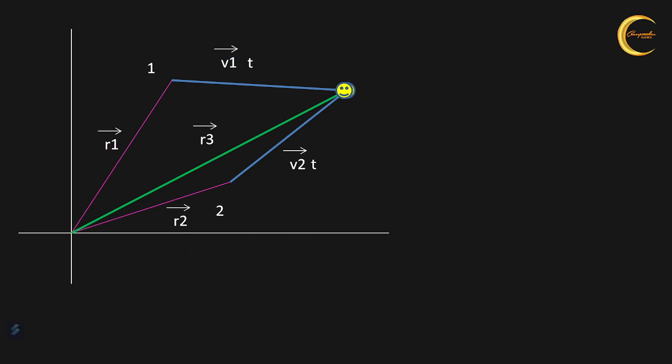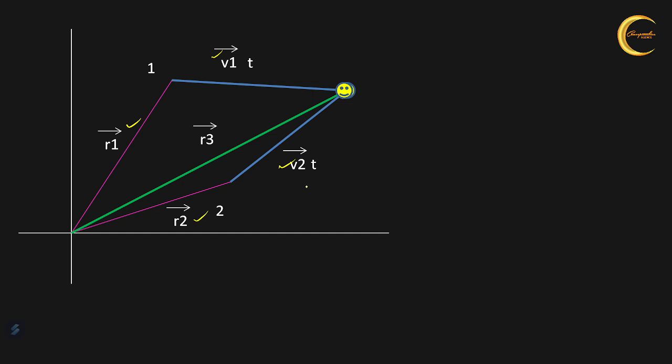Now let's see the animation again so we can easily understand the problem. These two particles are moving with the v1 velocity and the v2 velocity. r1 is the radius vector for point 1 and r2 is the radius vector for point 2, and v1 is the velocity vector for point 1 and v2 is the velocity vector for point 2.